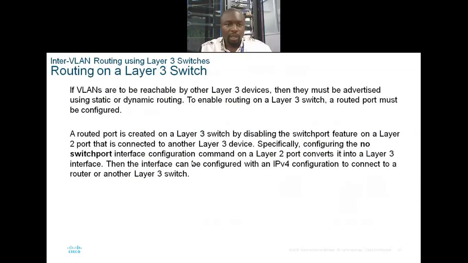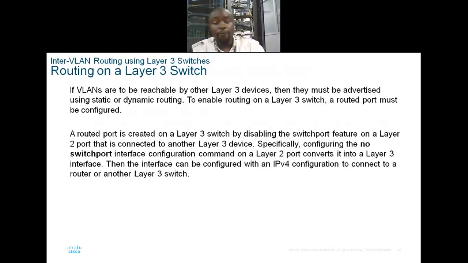Routing on a switch: if VLANs are to be reachable by layer 3 devices, then they must be advertised using static or dynamic routing. To enable routing on a layer 3 switch, a routed port must be configured. A routed port is created on a layer 3 switch by disabling the switchport feature on a layer 2 port that is connected to another layer 3 device.